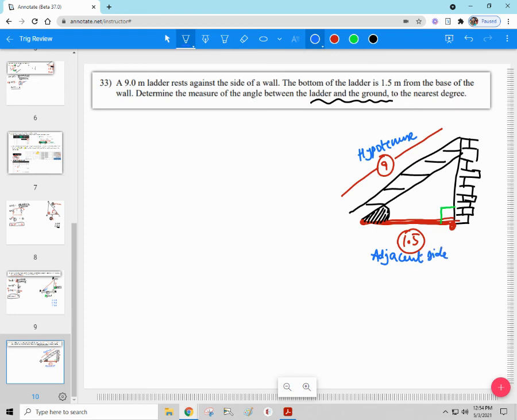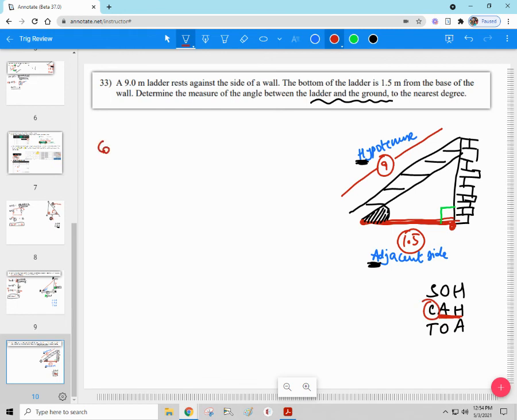So again, quickly think of SOHCAHTOA. Where do you find A and H? SOHCAHTOA. I see that the adjacent side and hypotenuse we find in cos.